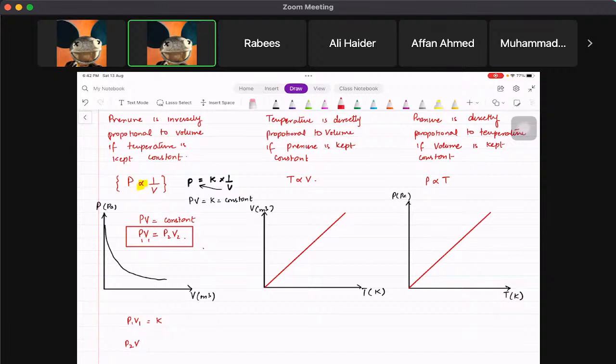So it is also equal to the same constant because constant doesn't change. When you equate this, you'll get an equation which is P1 V1 equals to P2 V2. Okay?